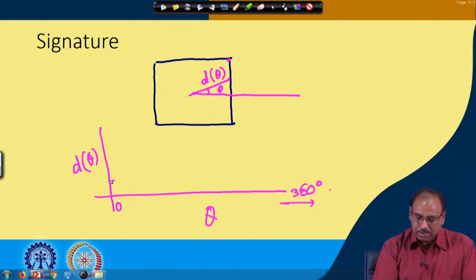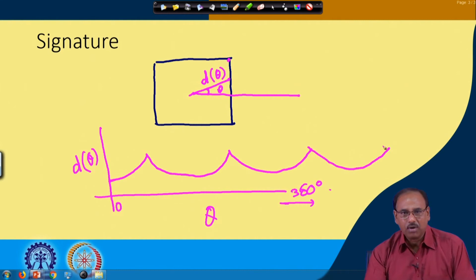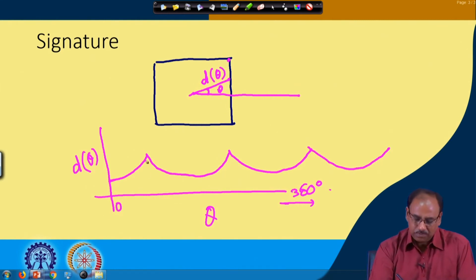So, I will have a d theta versus theta plot which will be something like this. And it will go on up to 360 degree. So, I will have a minima at 0, a maxima at 45 degrees, another minima at 90 degree, a maxima at 135 degrees and so on.